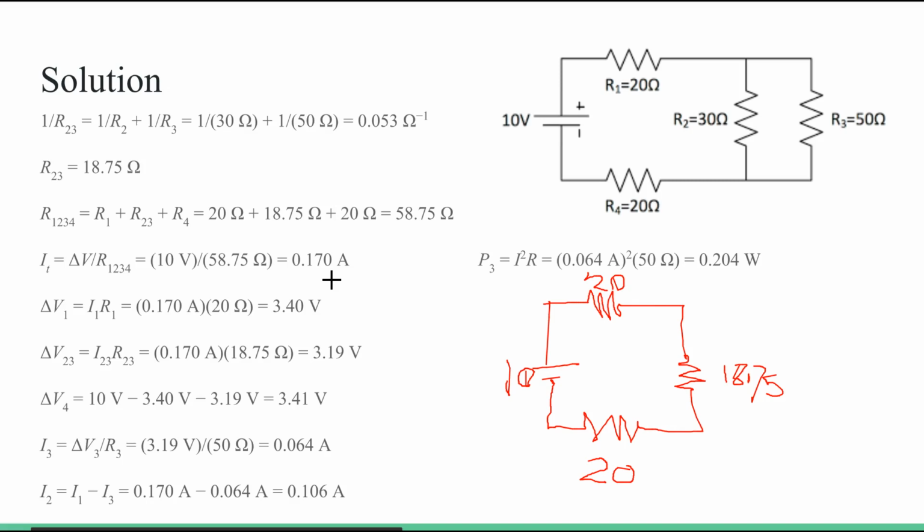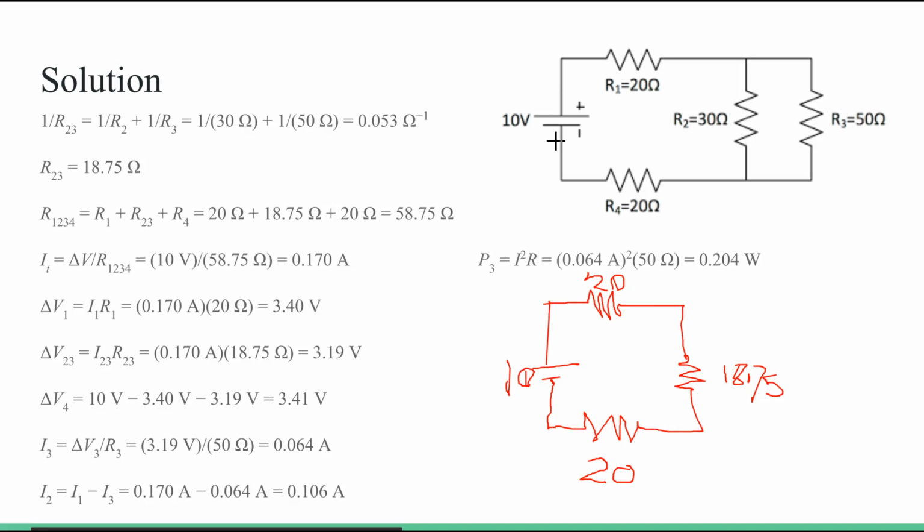Okay, and you can use the loop rule, or you could just use Ohm's law again, but I'm using the loop rule because it helps explain the loop rule more. So you're getting a gain in voltage from this battery. So there will be a voltage rise from the battery, and there'll be drops. So the voltage rise must equal the voltage drops.